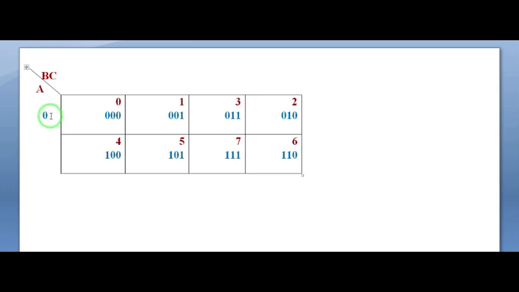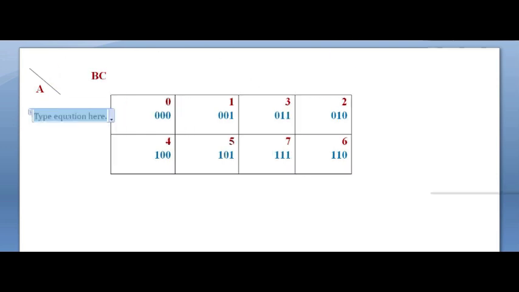Okay, but rows are assigned for a variable. So here A0 means it is the complement of the variable, therefore here it is nothing but a bar. Okay, so here I am going to write a bar.